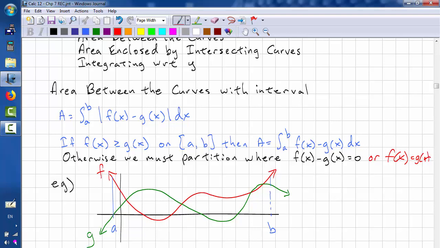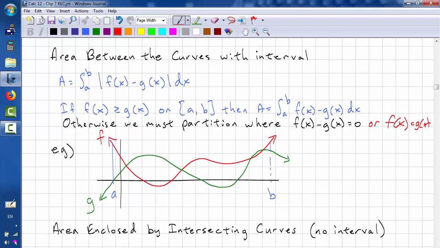So, for example, we're not going to do this analytically, we're just going to do this as a concept. We have f of x, we have g of x, and we're given an interval from a to b. The boundaries don't lie on zeros. So here we need to do f of x minus g of x.